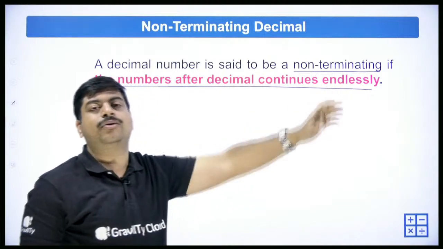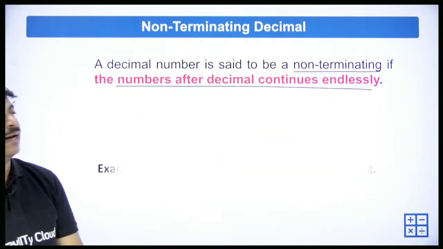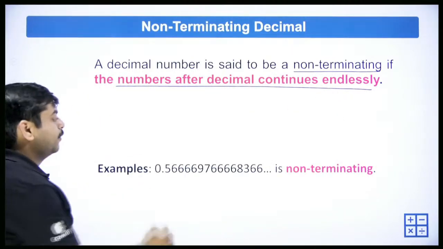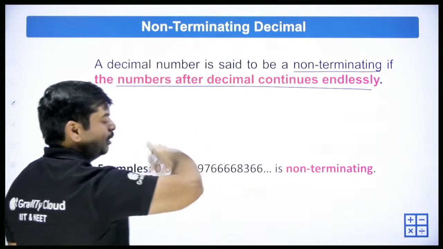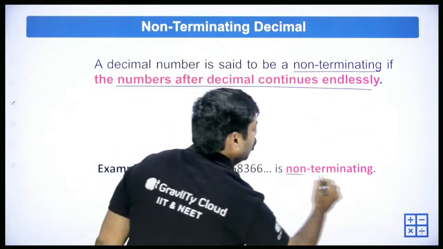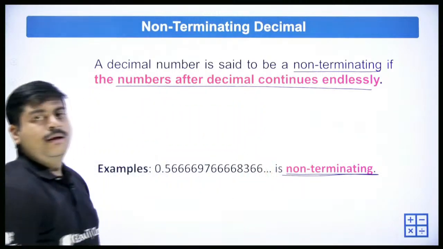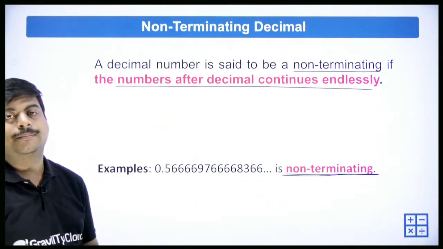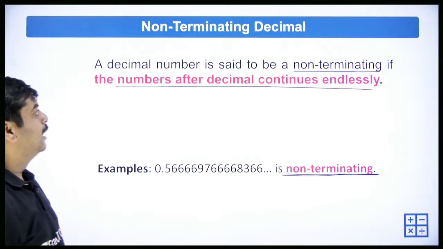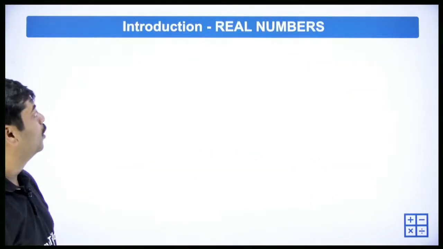It just keeps on going, moving on like this, endlessly, right? You can say 0.56669766683, whatever the flow, it is a non-terminating decimal number, correct? Right. So let's try to move forward.